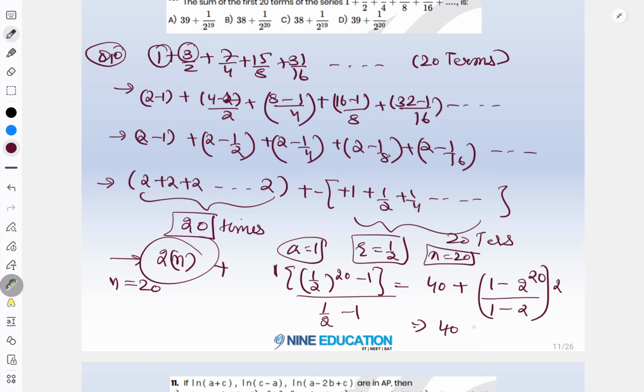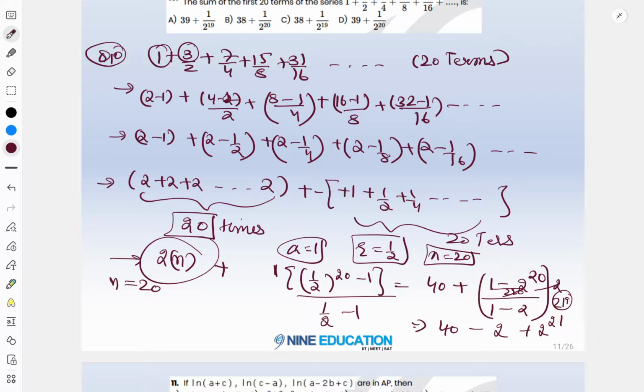That's equal to 40 minus 2 plus 2 to the power 21. Okay, so here you will have 2 to the power 20 also, so that makes it 2 to the power 19 actually.